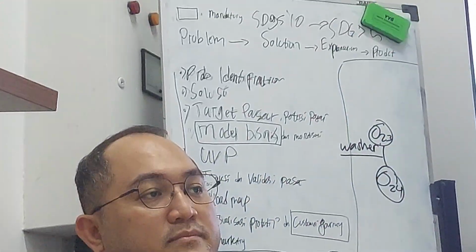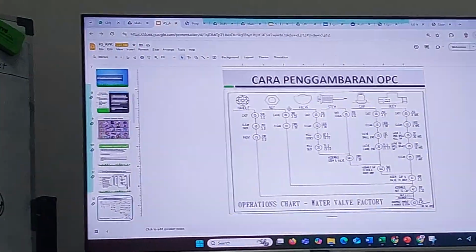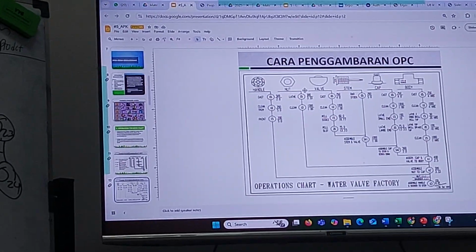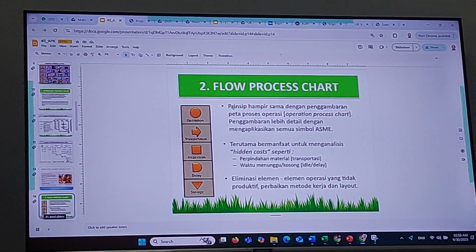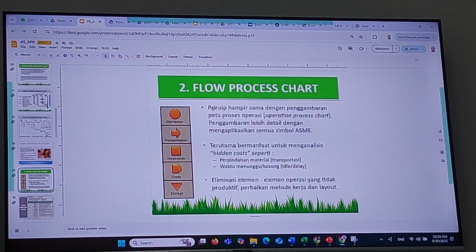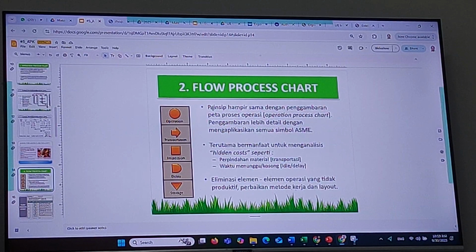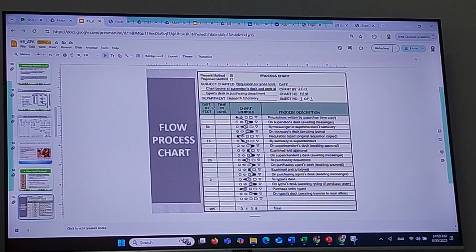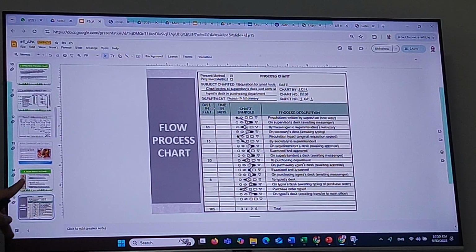Okay. Any question for OPC? If you have any question, you can ask. And then for the next, this one, flow process chart. In the flow process chart, we will make sure about the delay, because we also put delay symbols.